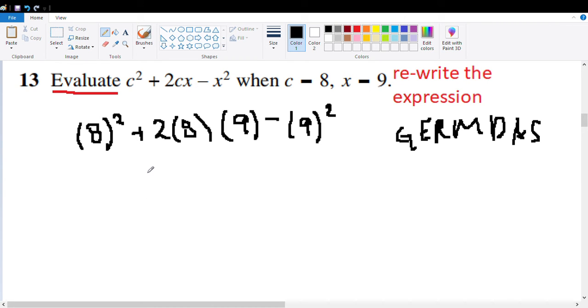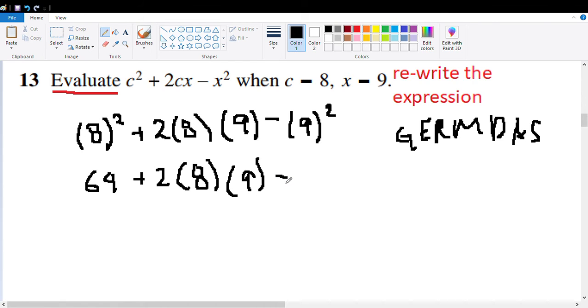So 8 times 8 is... what is 8 squared? A quick reminder, 8 squared is 64, plus 2 times 8 times 9.